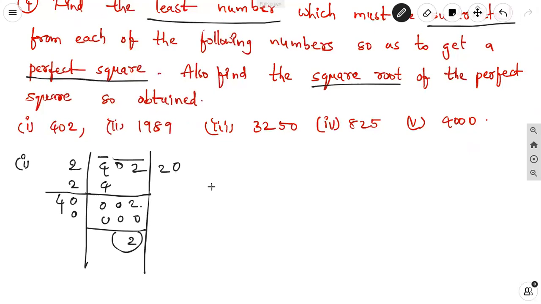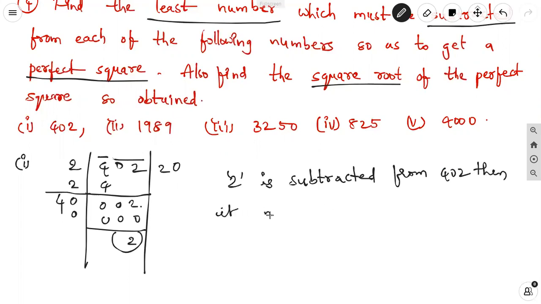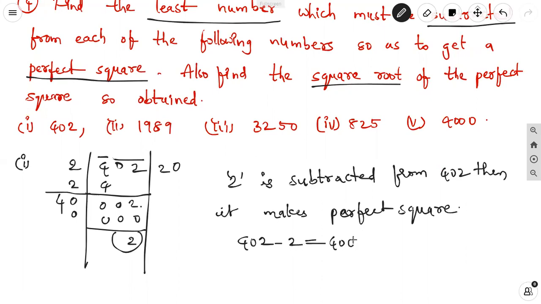That remainder 2 is subtracted from 402, then it makes a perfect square. That is 402 minus 2 equals 400.